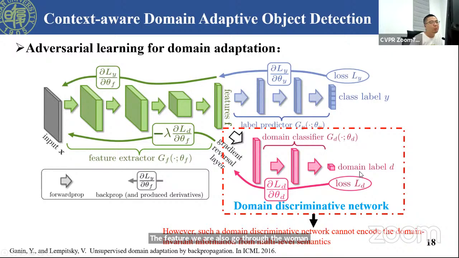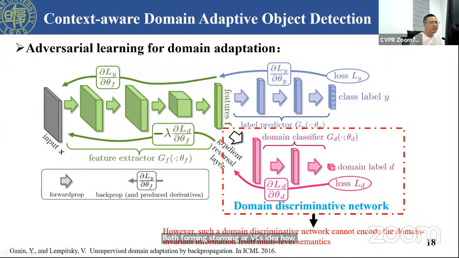The domain classifier determines a domain label to decide whether this feature is from the source domain or from the target domain. If the domain classifier cannot discriminate whether the feature is from the source domain or target domain, this shows the feature extraction network is very good, because it can extract consistently representative features from both domains. So this is the idea.